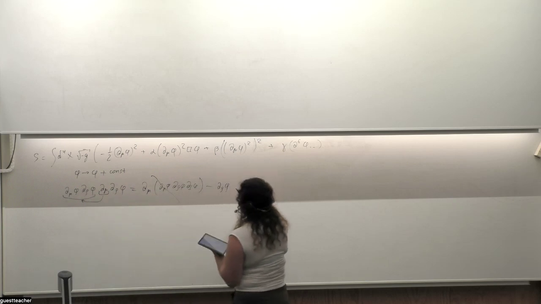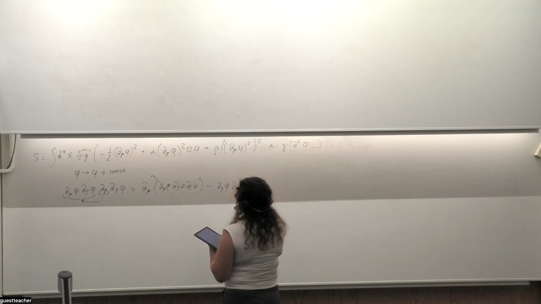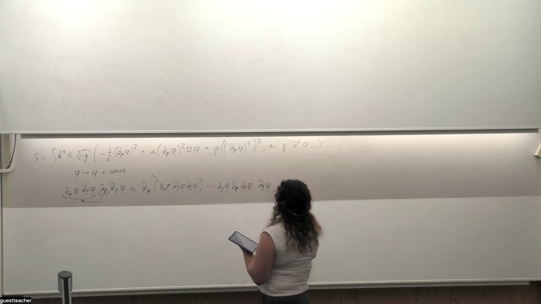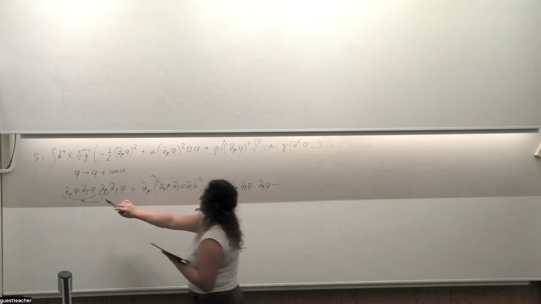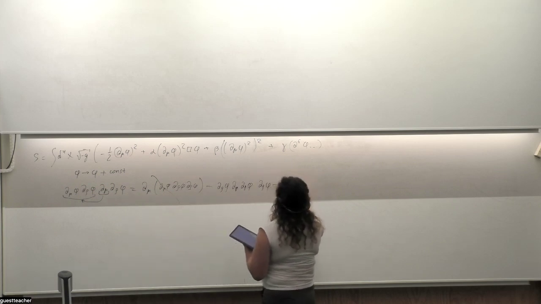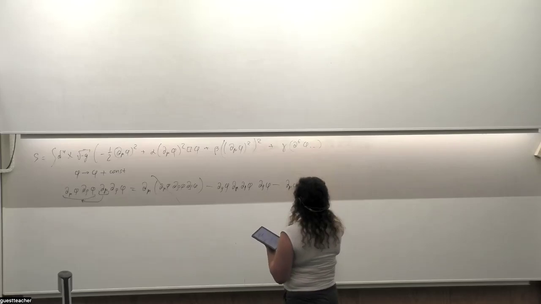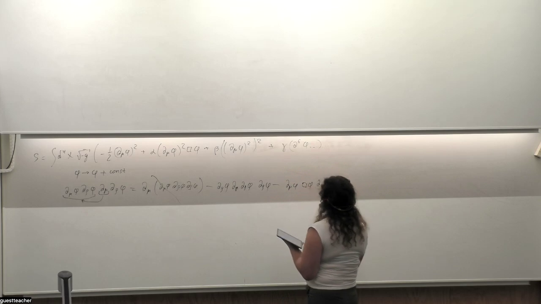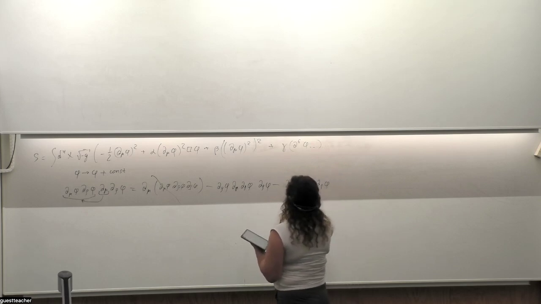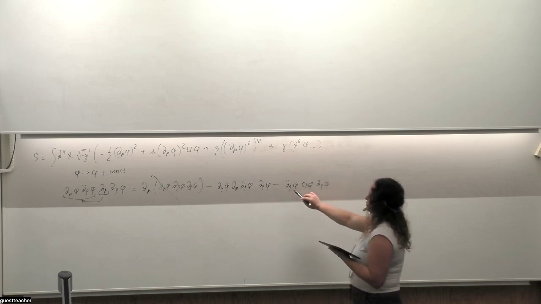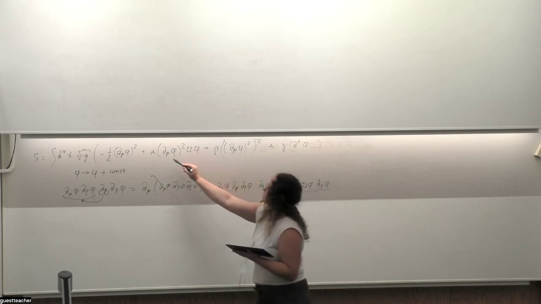And here I get minus d rho phi d mu d rho phi, and when I differentiate the other one, I get d mu phi box phi and d rho phi. So I reduced it to the term which I already have in the action.